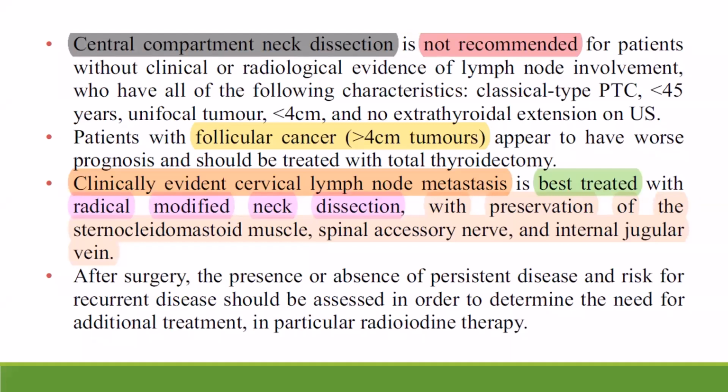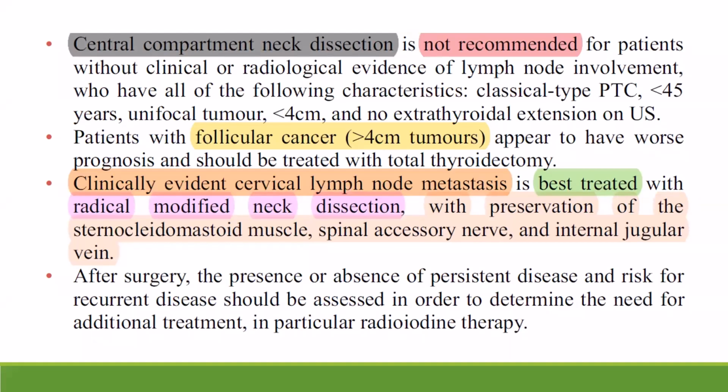But if a patient presents with follicular cancer more than 4 centimeters, it appears to have a worse prognosis and should be treated with a total thyroidectomy. Actually, in any thyroid cancer more than 4 centimeters, I will go to total thyroidectomy.